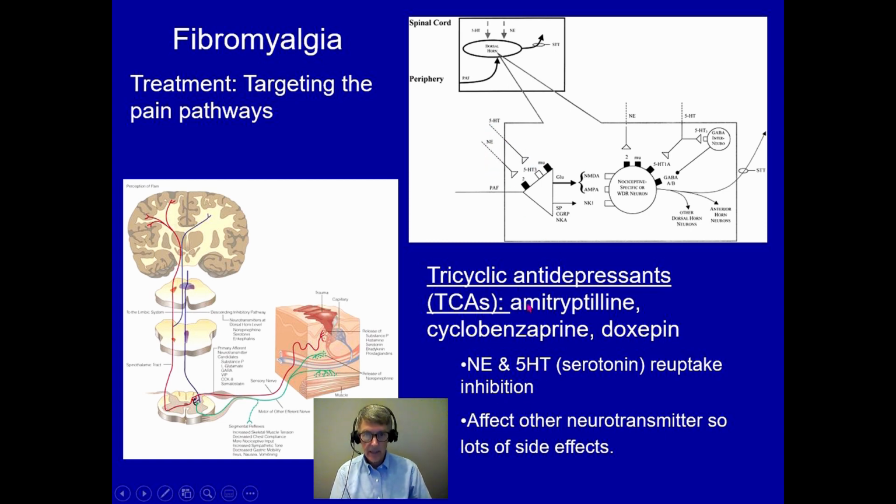Well, the tricyclic antidepressants decrease the reuptake of these from the synapse between the nerves, and by decreasing the reuptake, that increases the amount of serotonin and norepinephrine in the synapse and can actually downregulate the pain sensation going up to the brain. And so these medicines have been found to be helpful. Amitriptyline classically, and doxepin. Cyclobenzaprine is actually a tricyclic but is sold as a muscle relaxant.